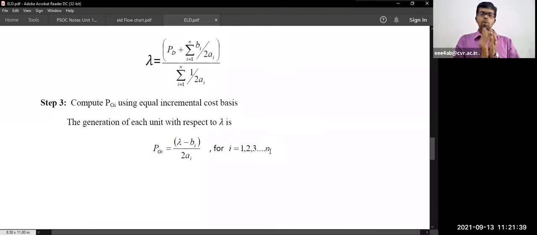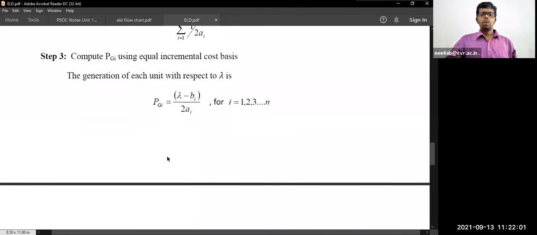Whatever generating units are given in the problem, that many you need to take. So 3 means i equal to 3. With 3 generating units, after calculating the lambda, you have to calculate 3 times, that is PG1, PG2 and PG3. Next, what is the next step?